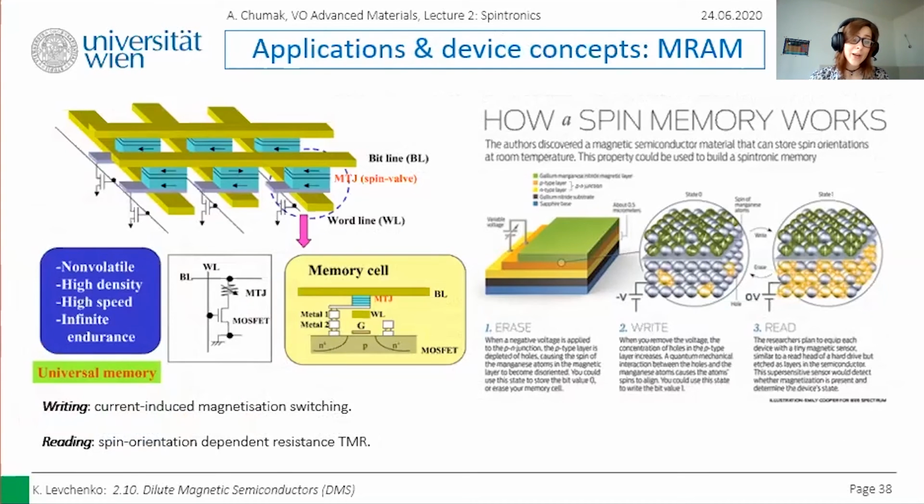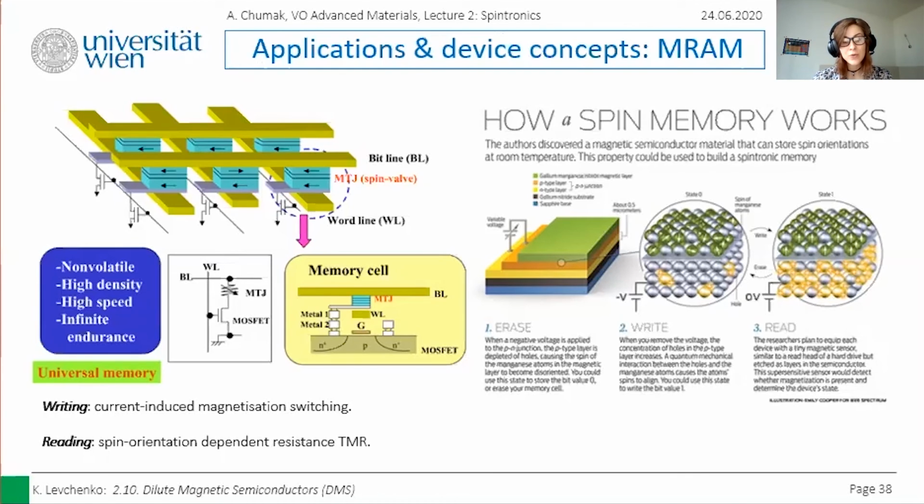Finally, as we already described the magnetic random access memory, I would like to add that even here, dilute magnetic semiconductors found their way, in a form, for example, of gallium manganese nitride, the magnetic semiconductor that can store spin orientation even at room temperature, or in the form of gallium manganese arsenide, where, for example, a more sophisticated design took advantage of the interplay of crystalline anisotropy and shape-dependent anisotropy in, for example, nano crosses or nano rings.